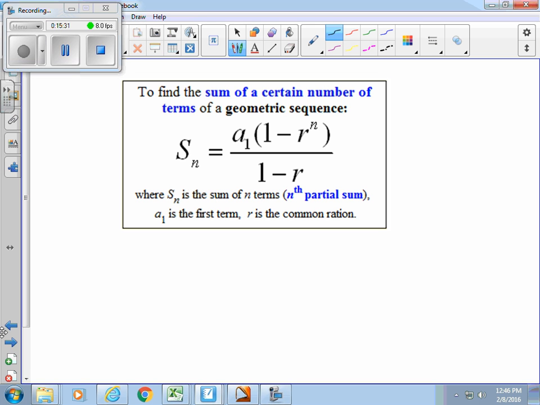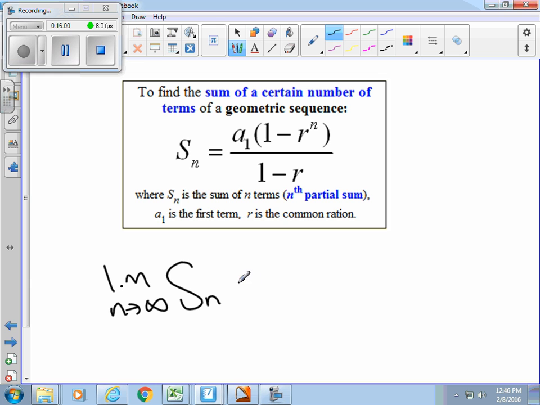Quick question: if r is less than 1, so r is a ratio that I'm multiplying by that's less than 1, give me a number less than 1. A half. If I take the limit as n approaches infinity of this sequence, would you agree that this piece would go to 0 if r is less than 1?